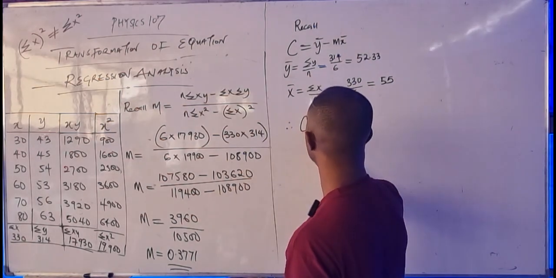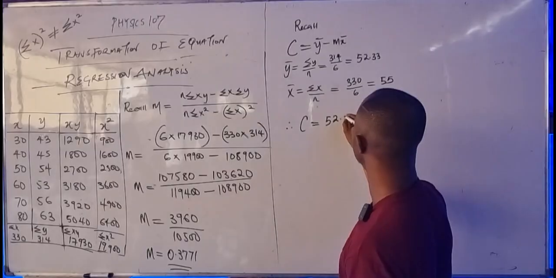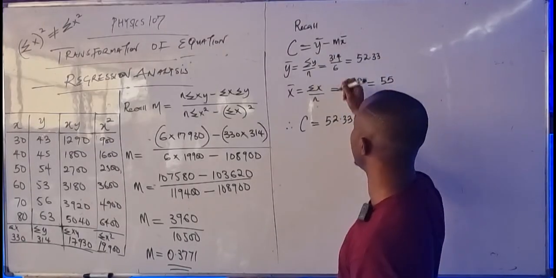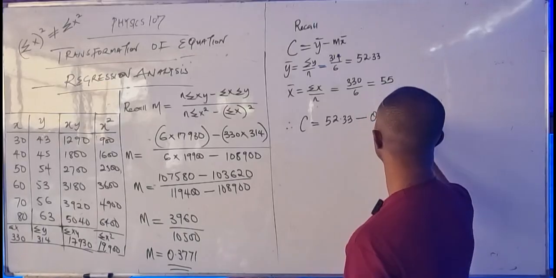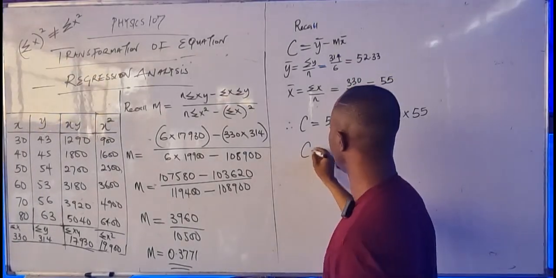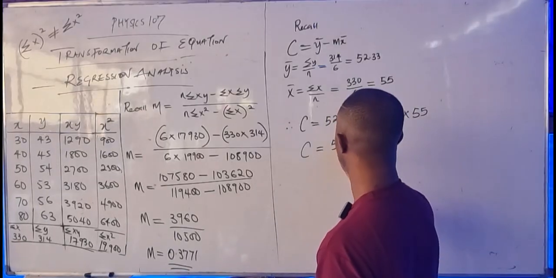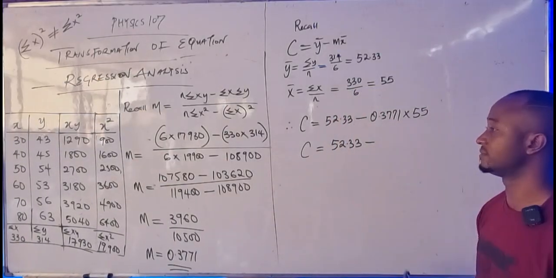Therefore, our C becomes what? Our Y bar is 52.33 minus our slope, 0.3771, times the X bar, 55. So our C becomes 52.33 minus, multiply this for me.